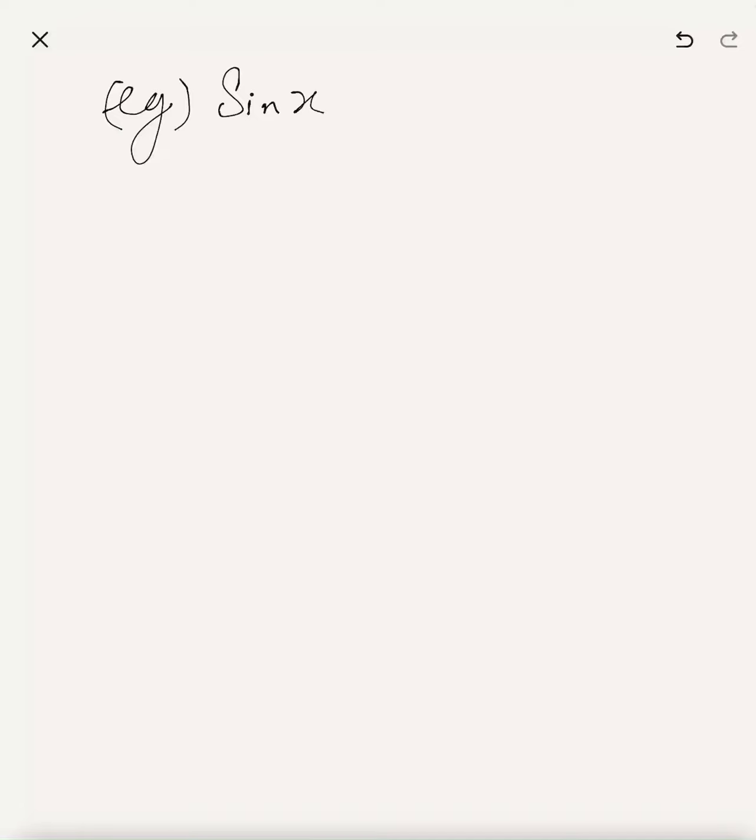As we all know, the graph of sin x oscillates between +1 and -1. The same goes on the negative side also.